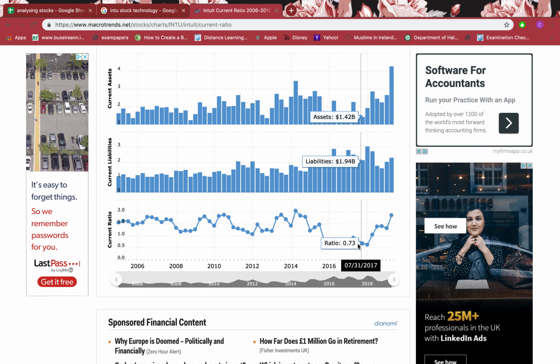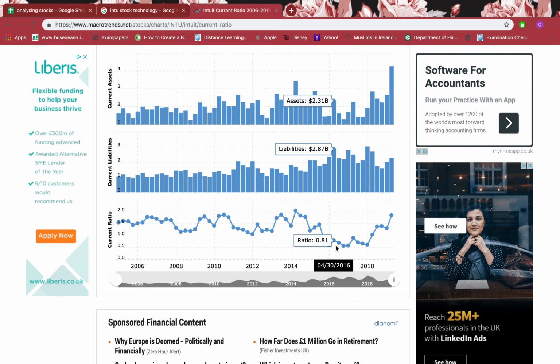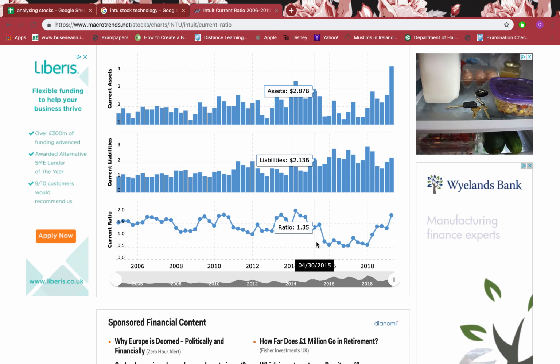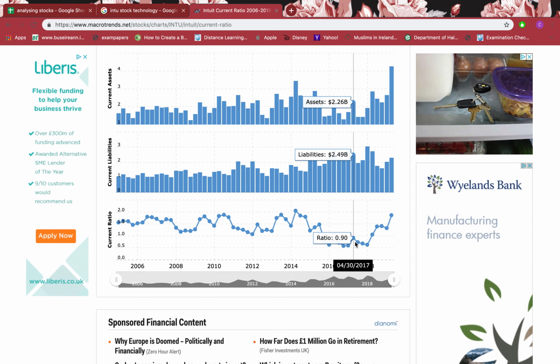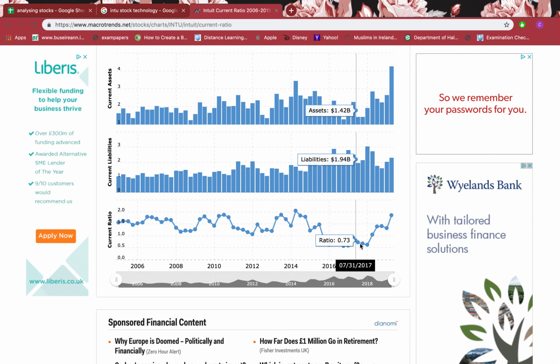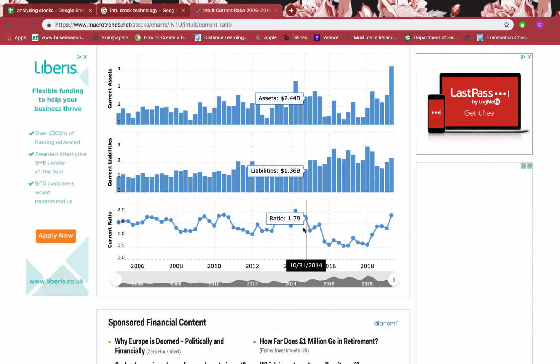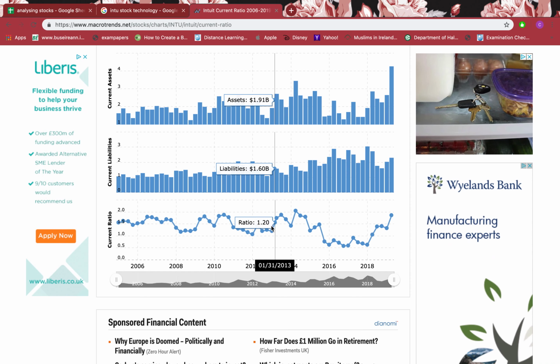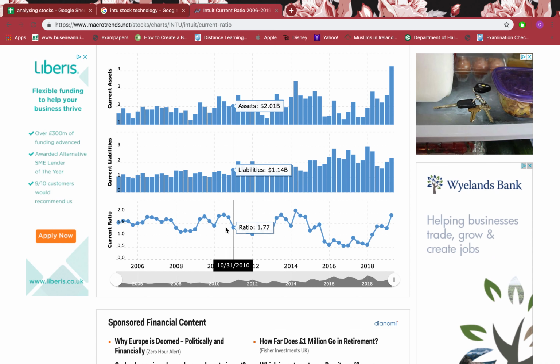So this stock might be risky because the liabilities have been more than assets consistently for maybe 3 years, from 2015 to 2017. And then if we go back, it's more than 1.5 or more than 1 even.